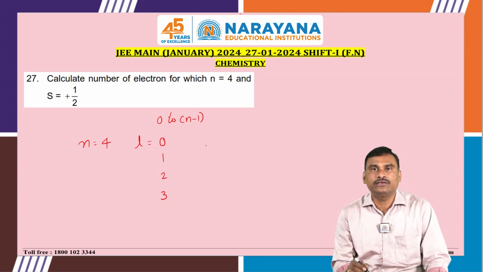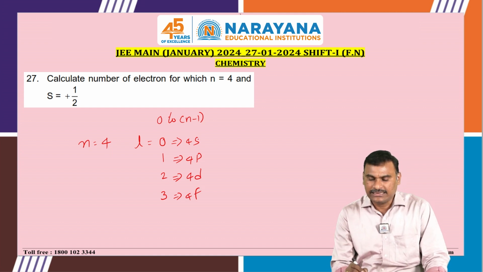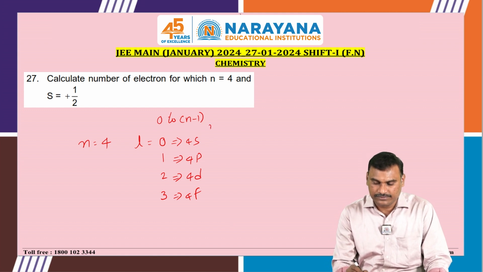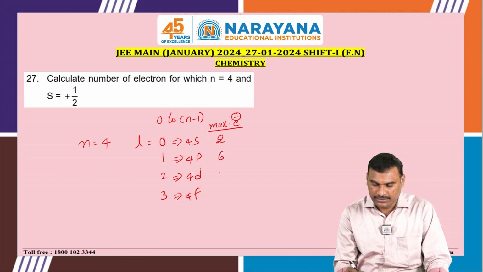L equal to 0 means the 4s orbital, l equal to 1 means the 4p subshell, l equal to 2 means the 4d subshell, and l equal to 3 means the 4f subshell. The s subshell can accommodate a maximum of 2 electrons, p, d and f maximum electrons are 6, 10 and 14.